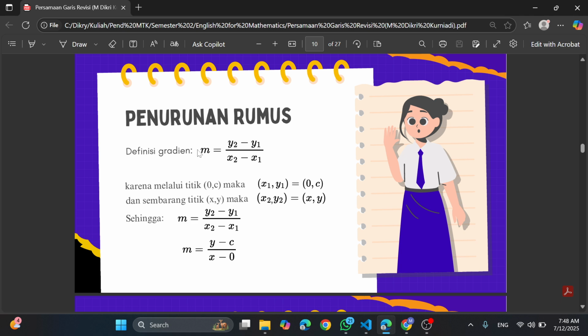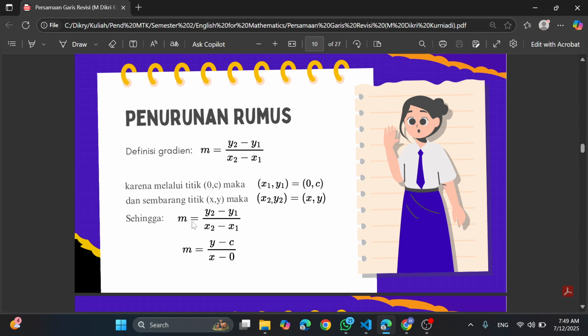Derivation of the formula. Gradient definition: m equals y2 minus y1 over x2 minus x1. Since passing through point 0, c, then the point x1, y1 is equal to the point 0, c, and for any point x, y, then x2, y2 equals the point x, y.